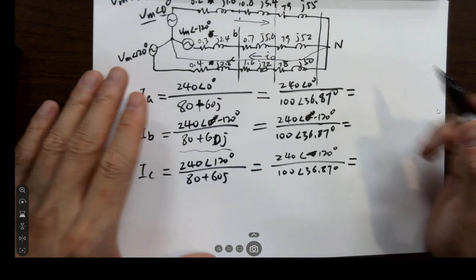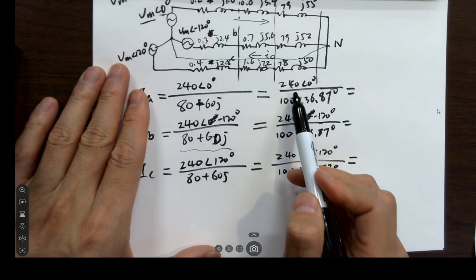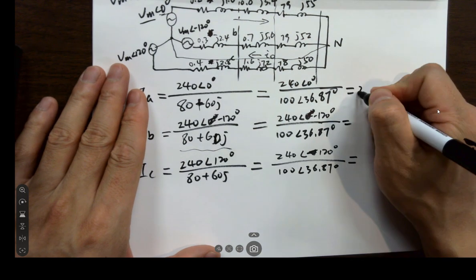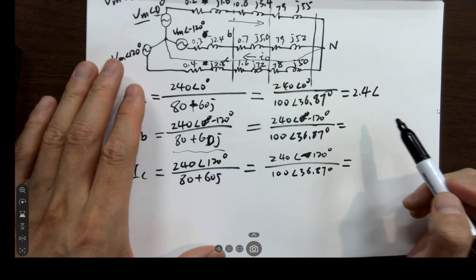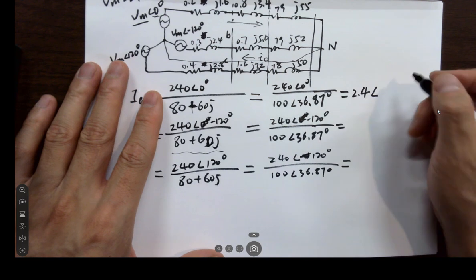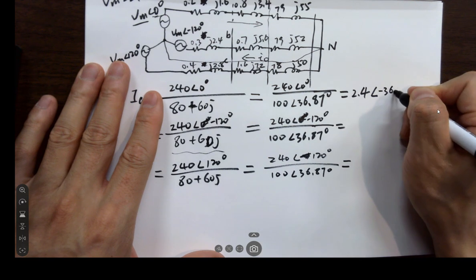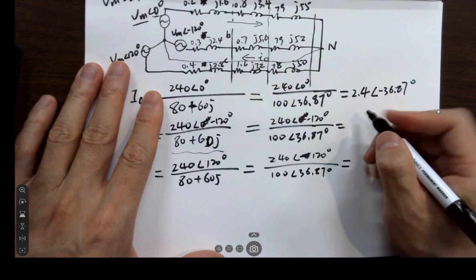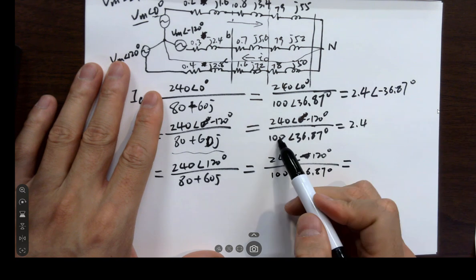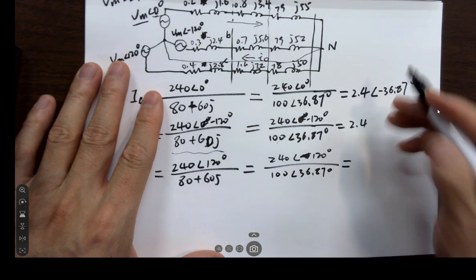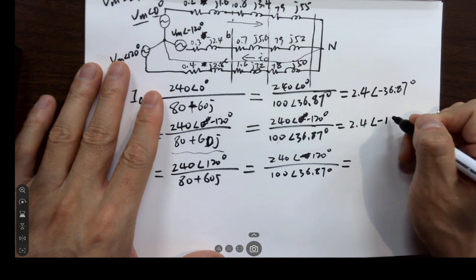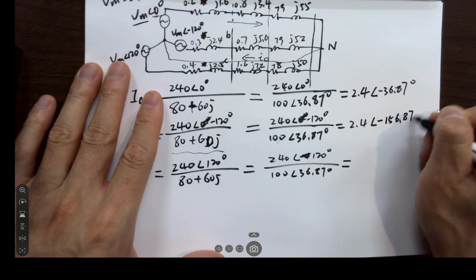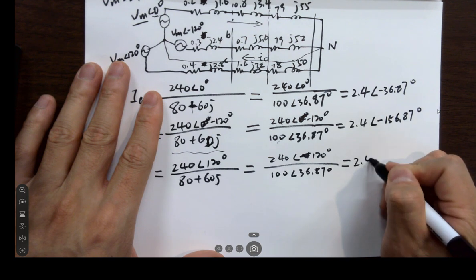Okay, so this becomes real divided by real. Definitely the amplitude becomes 2.4, and the angle, the phase part, just do a subtraction. So 0 minus this one is giving you negative 36.87 degrees, and this one is 2.4. This divided by this becomes negative 156.87 degrees, and this one becomes 2.4.